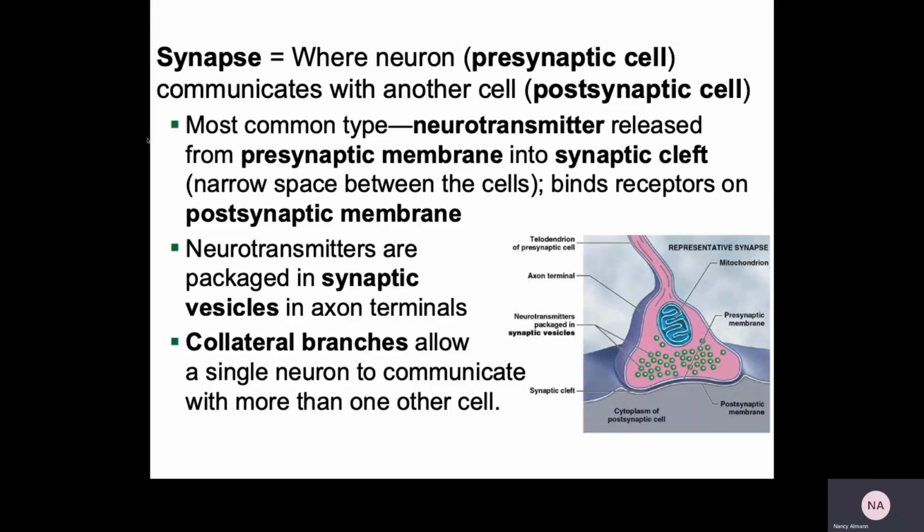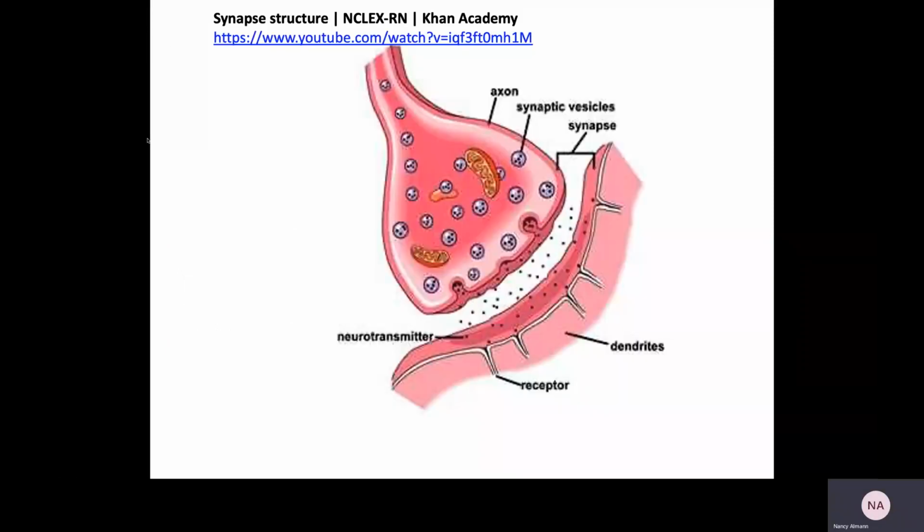And that little space in between is the synaptic cleft. So let's look at another image of this. There you go. This is one synaptic end bulb. You can see that it contains vesicles that will contain a neurotransmitter.